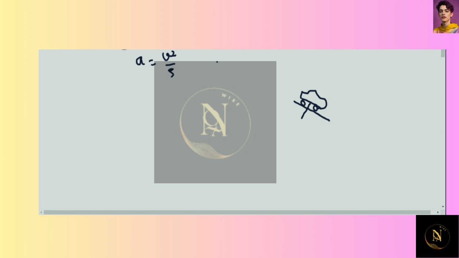Here it will be normal reaction, weight of the car, friction and mass into normal acceleration.